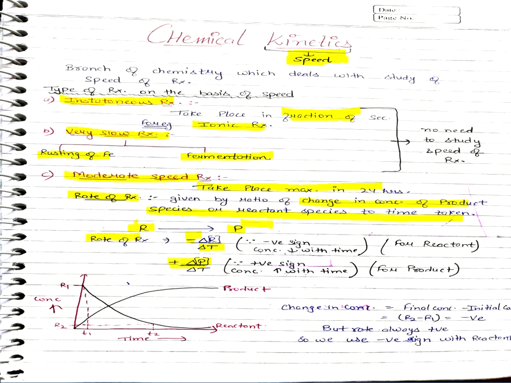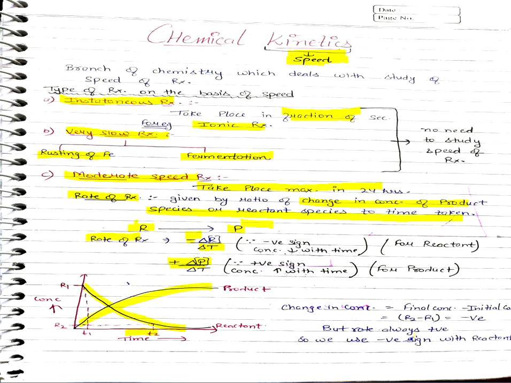The plus sign indicates the increase in the concentration of product with time. This graph shows concentration against time: with time the concentration of reactant is decreasing and the concentration of product is increasing.